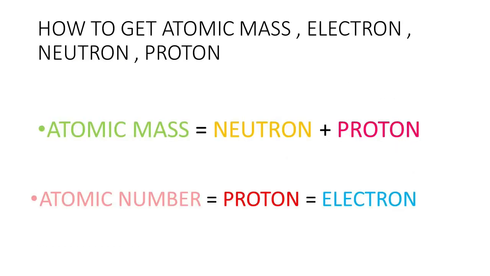To get the atomic mass, you need to combine neutrons and protons. The atomic number is equal to the number of protons and electrons. So if the atomic number is 4, protons are also 4, and electrons are also 4.